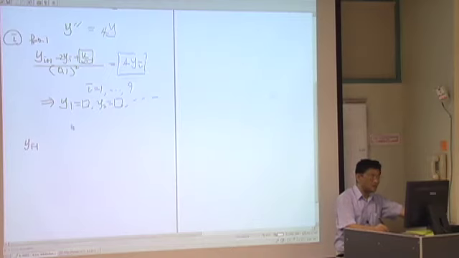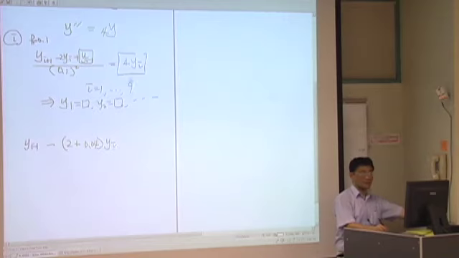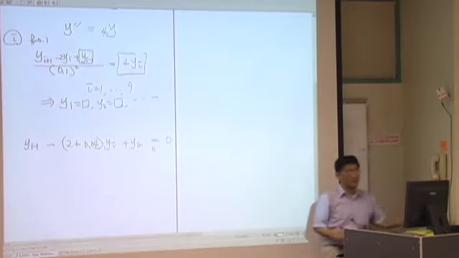So minus 2 times y_i, and then this one is 0.04, right? If you multiply 0.1 squared by 4, you get 0.04. And then it has the minus sign, plus y_{i+1} equals 0.